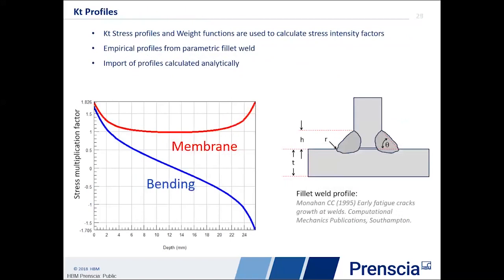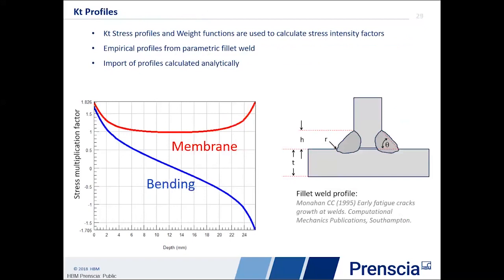Those stress histories are, again, you could imagine them as a nominal stress. What I'm going to need to calculate the detailed stress through the part is a stress concentration factor. So the second piece of the input is stress profiles.